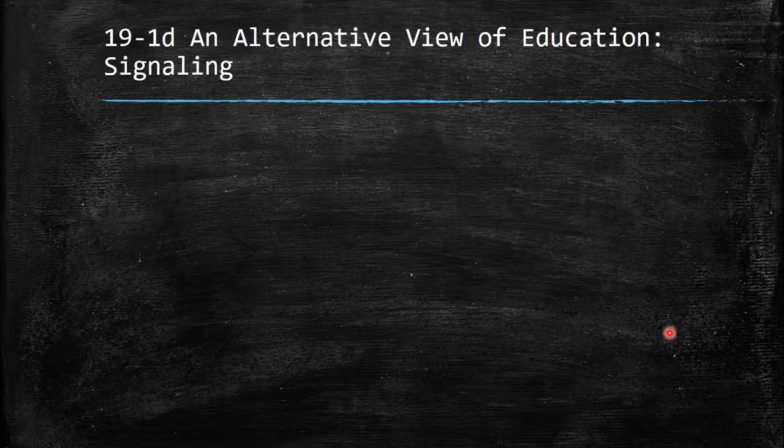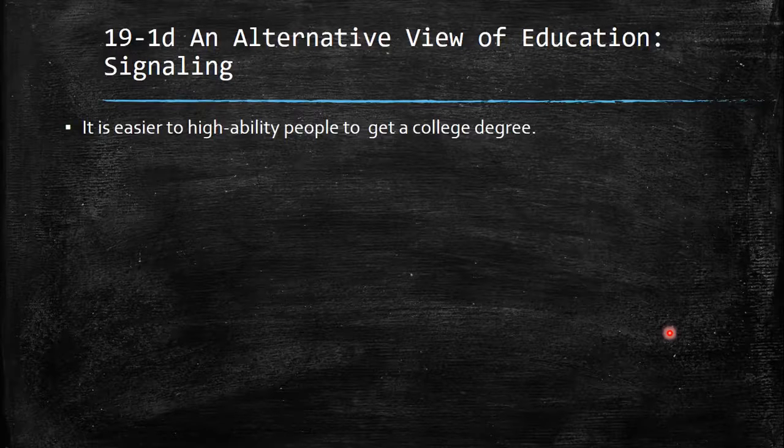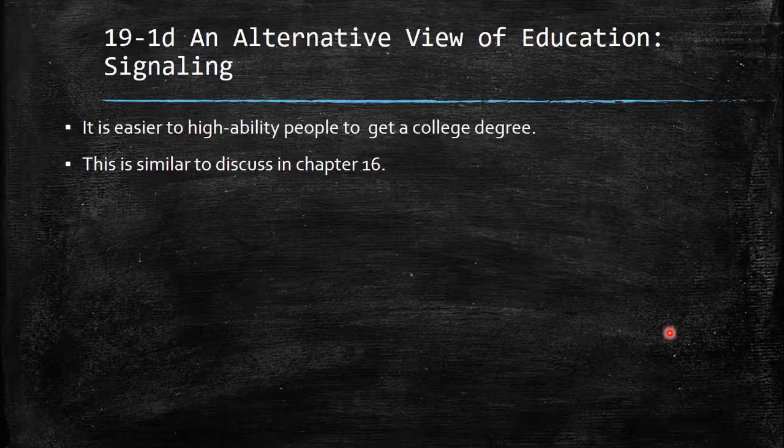Then, education. This is an interesting part because it could be a theory of signaling. Remember signaling that we saw before? The idea is that it's easier for high ability people to get a college degree. For a person with low ability, it may be more difficult to get a college degree, right? So remember in chapter 16, maybe you have a cereal advertisement that is really nice.